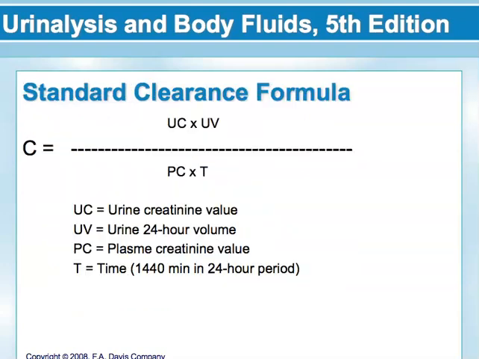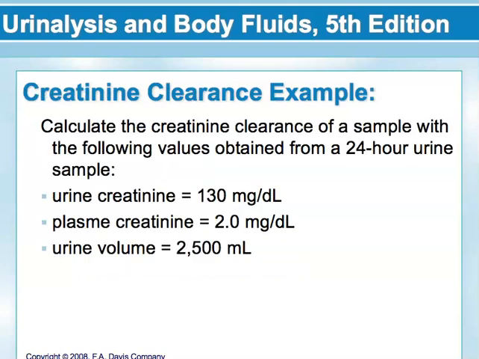So the standard creatinine clearance formula is urine creatinine times urine 24-hour volume divided by plasma creatinine times the time, your 24-hour time, which is 1,440 minutes. So you can do a practice calculation there.